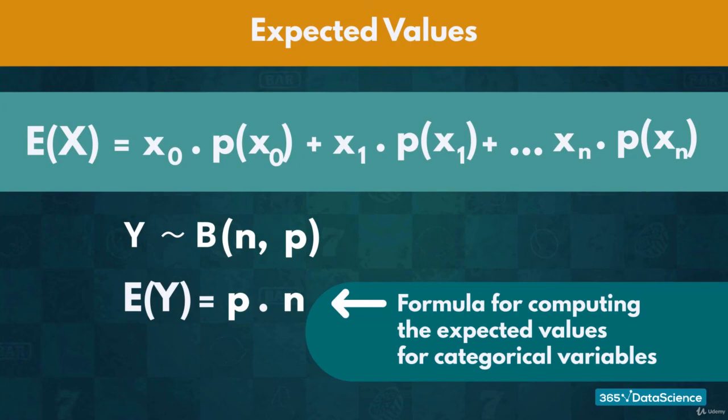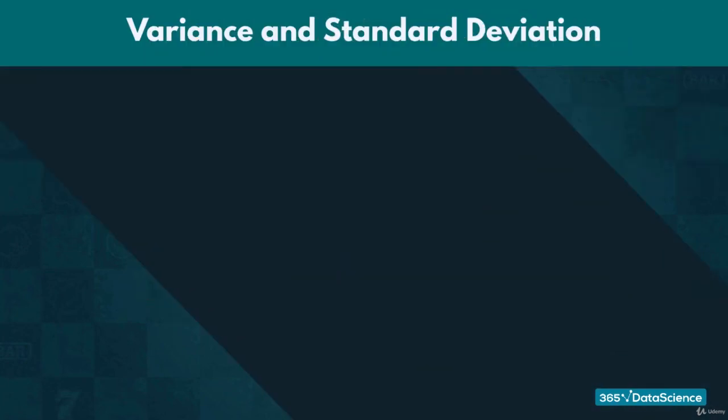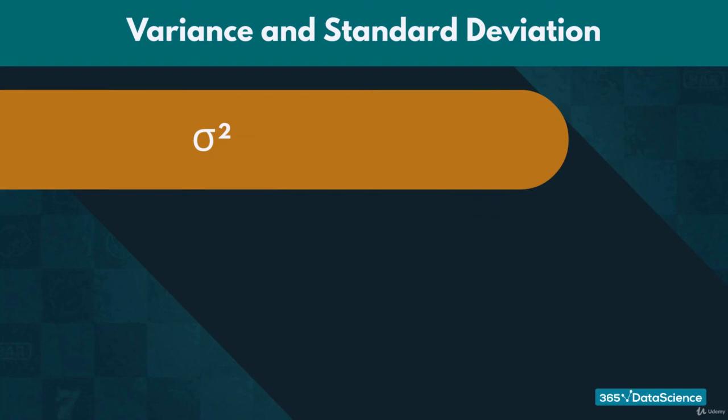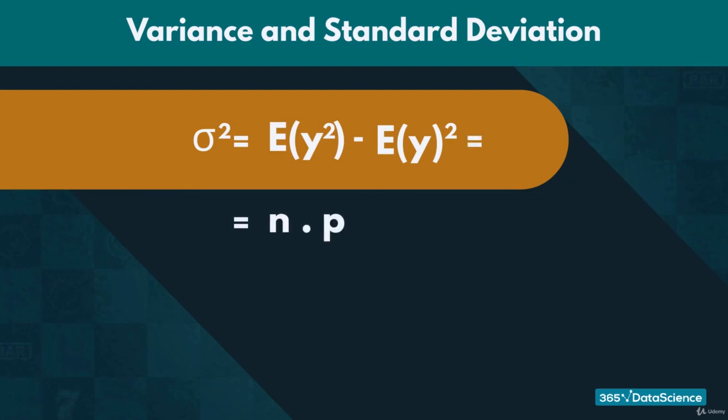After computing the expected value, we can finally calculate the variance. We do so by applying the short formula we learned earlier. Variance of y equals the expected value of y squared minus the expected value of y, squared. After some simplifications, this results in n times p times 1 minus p.